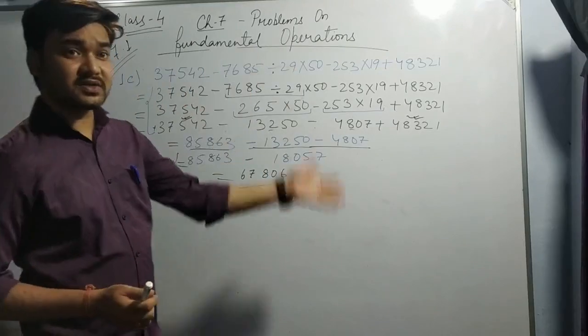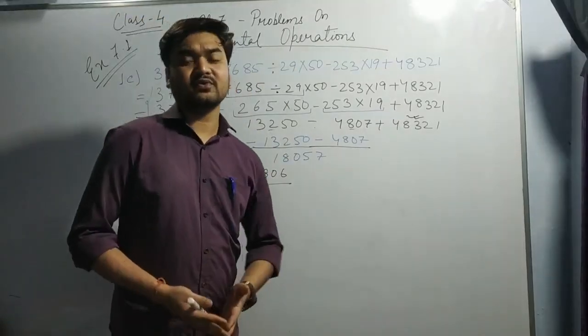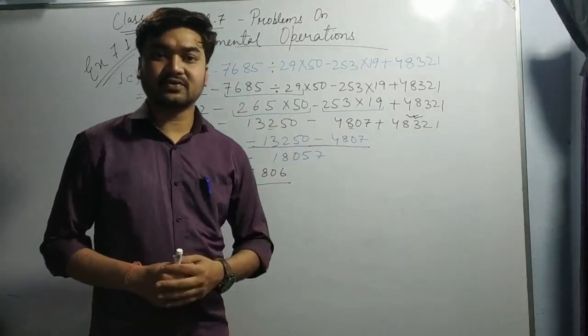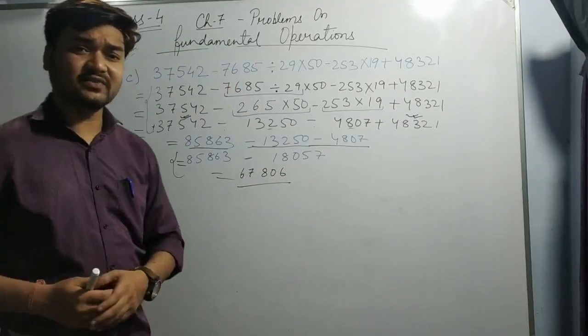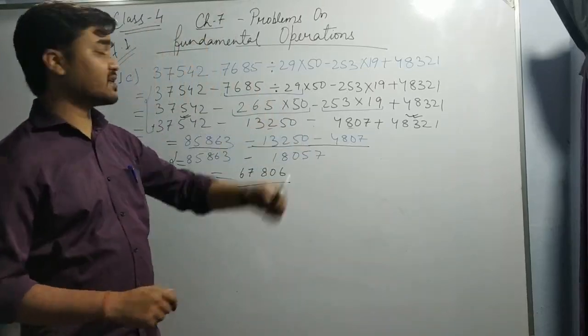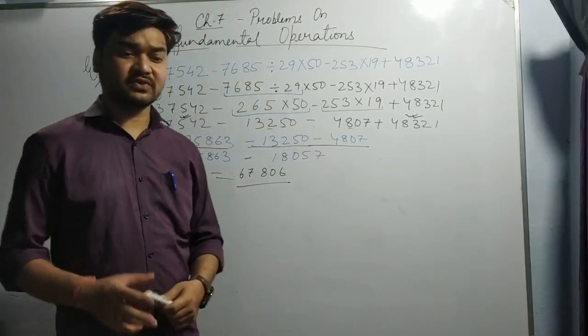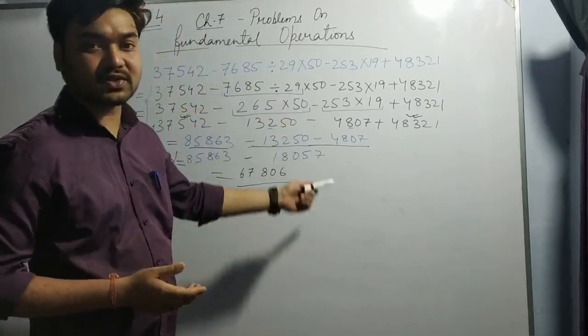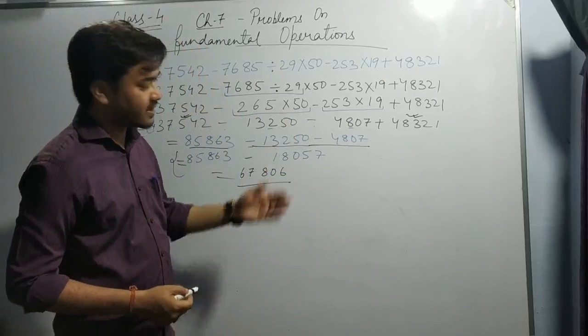This is the BODMAS rule which we are following. In this same question, we have done type 1 and type 2. This is a bit difficult question. You all can try with some simple numbers also. This is the bigger number which is given in the exercise, but we can try with smaller numbers also, following the same steps. Then you can get the answer.